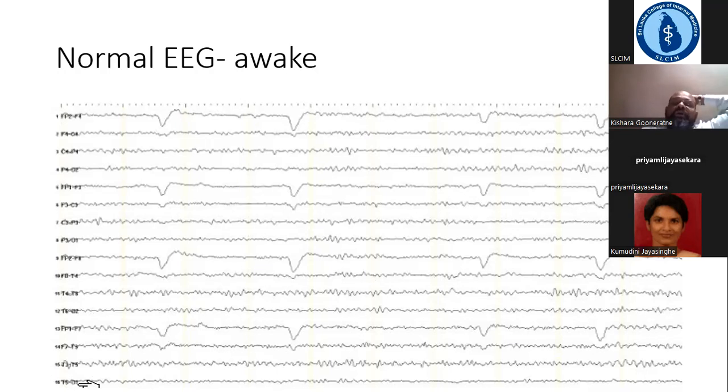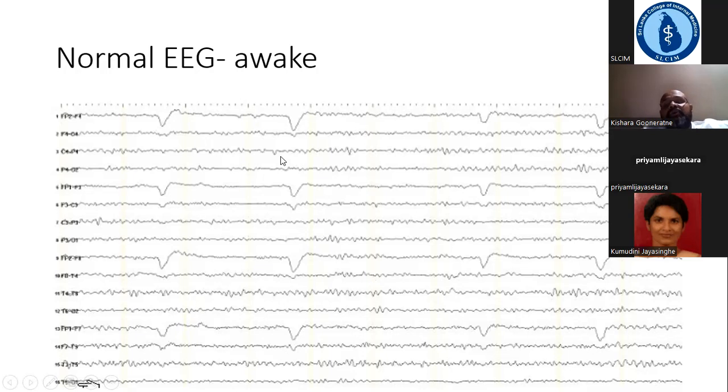So when you're interpreting the EEG, you always have to look at these artifacts as well. This artifact is in the anterior leads, seen in FP2, F4, FP1, F3, FP2, F8, and so on.